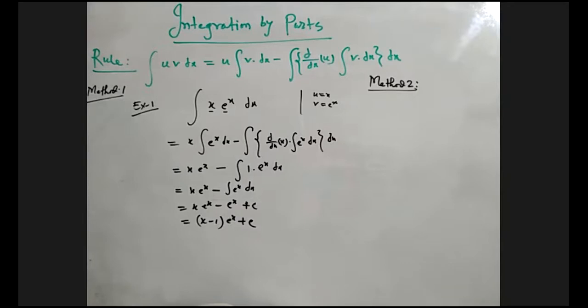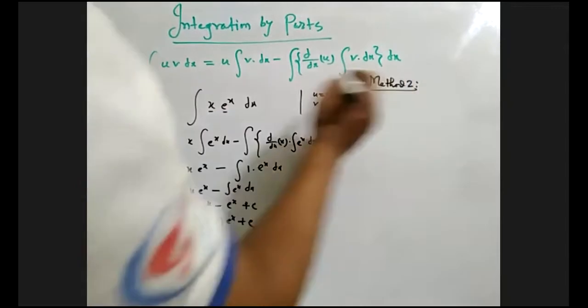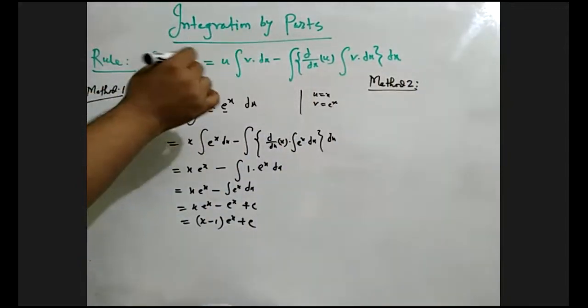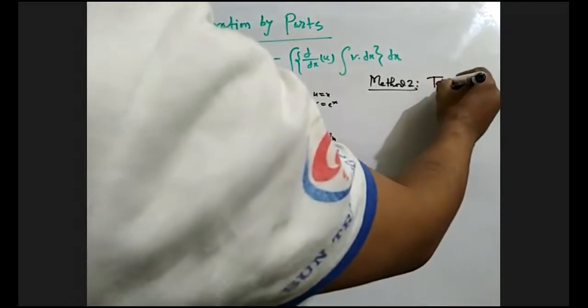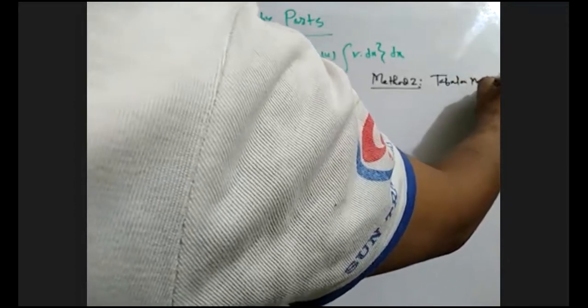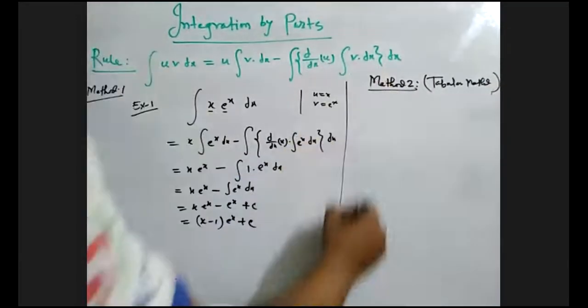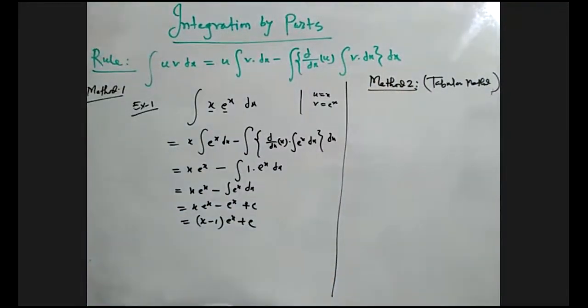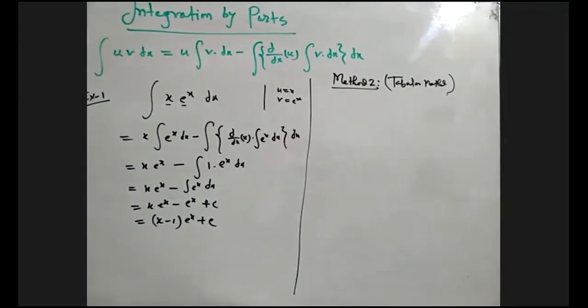Now there are actually two methods in integration by parts. One is using the rule, which we can write here. Another method is the tabular method.